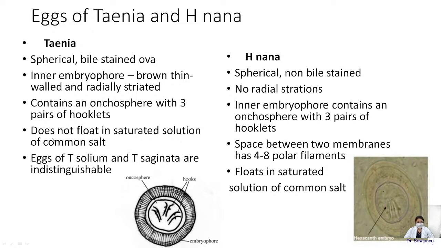Taenia eggs do not float in saturated salt solution, and H. nana eggs float in saturated salt solution. And in H. nana, there are 4 to 8 polar filaments between the outer and inner membrane.